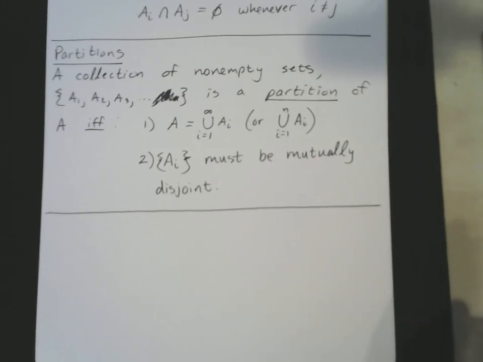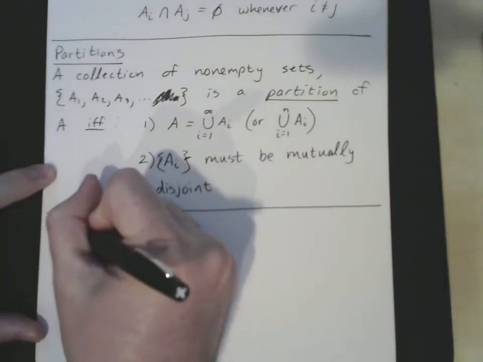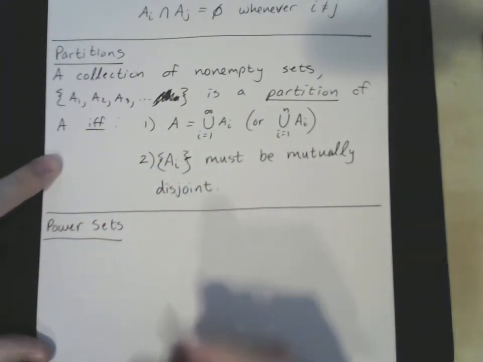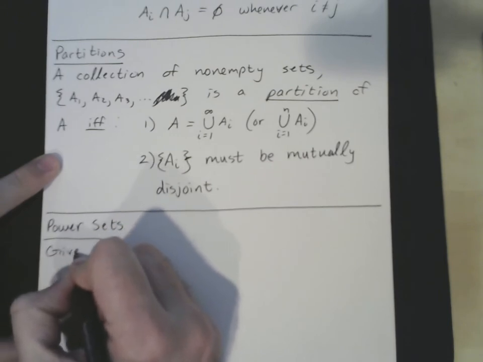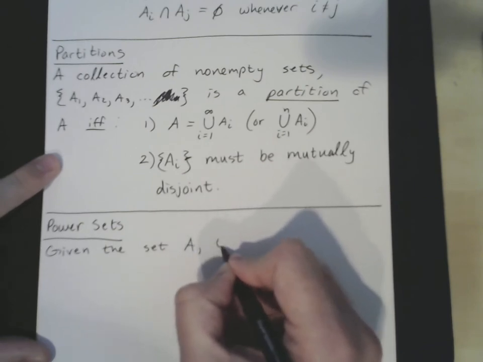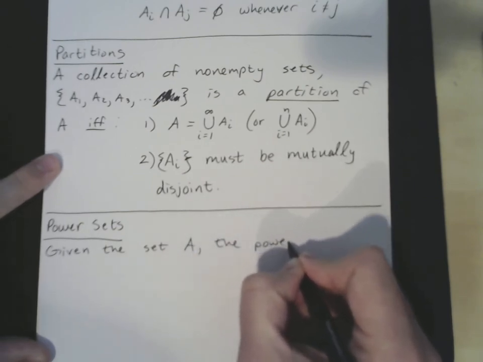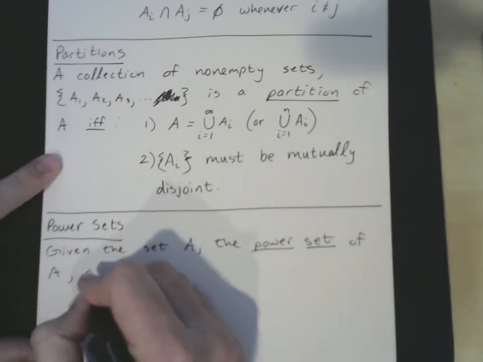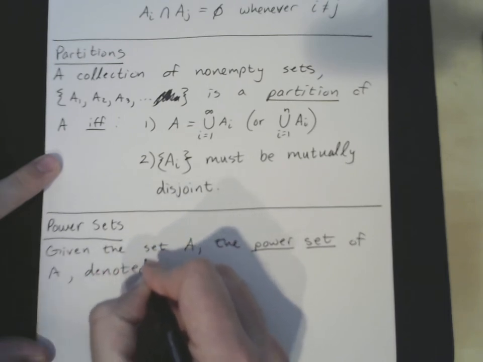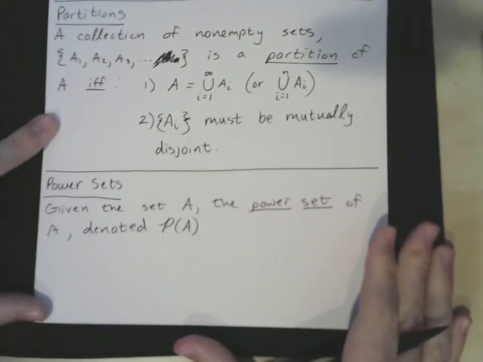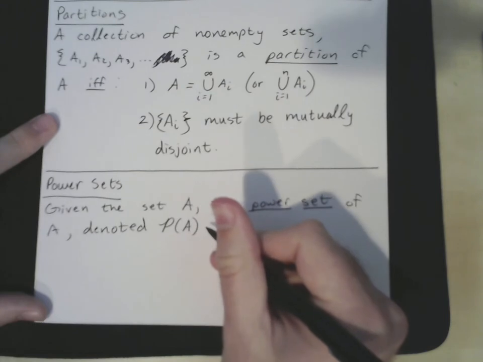So our second to last definition is power sets. The power set definition is: given the set A, the power set of A, which is denoted with this fun scripty P of A. So P of A is the power set.